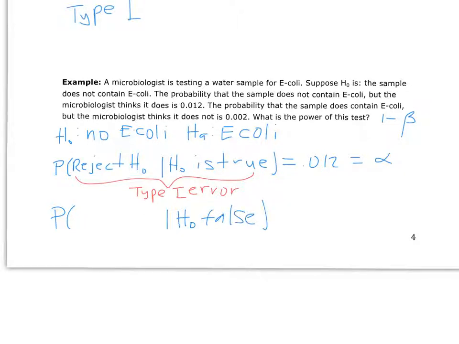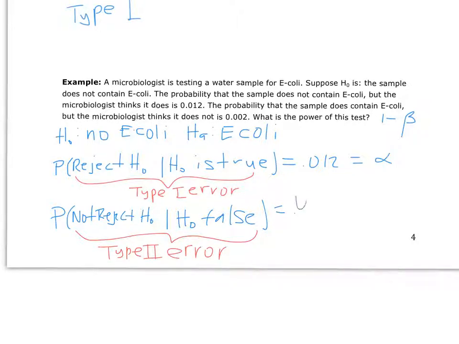Okay, but the microbiologist is concluding that it does not have E. coli. So the microbiologist is not rejecting the null. Okay, that is an error, and that is the type 2 error. So we're given that probability is 0.002, and because it's a type 2 error, that 0.002 is beta.